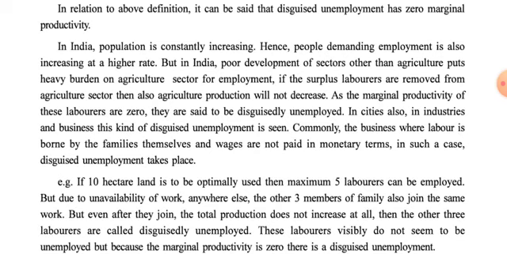But when they are not able to get a job opportunity in any of the other sectors, they are employed in the agriculture sector, where it becomes overcrowded and their marginal productivity in total production is zero. That's why agriculture production will not increase by their addition, or if they are removed from the agriculture sector, the productivity will not change. It means there is no change in the production, and that's why they can be said to be disguisedly unemployed.